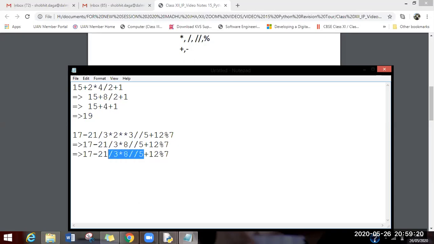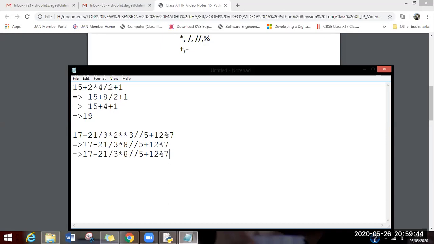You may take this as one expression that will be evaluated because it is preceded by a minus symbol and followed by a plus symbol. So this will be evaluated at once, and this will be evaluated in a different manner.